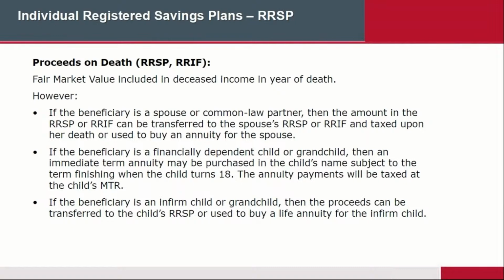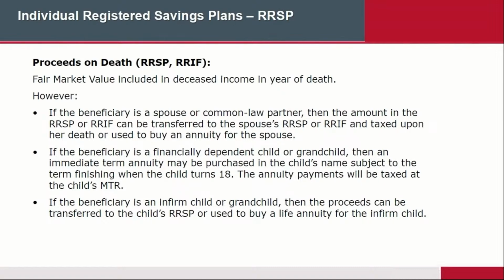In other words, if I have a child younger than 18 and I leave my child as beneficiary, whoever receives the monies, the guardian, the trustees, the executors, will buy an annuity for my son or daughter to age 18. They then pay the tax as they receive money year by year. So rather than pay the tax in one lump sum, I can defer the tax over a period of time.